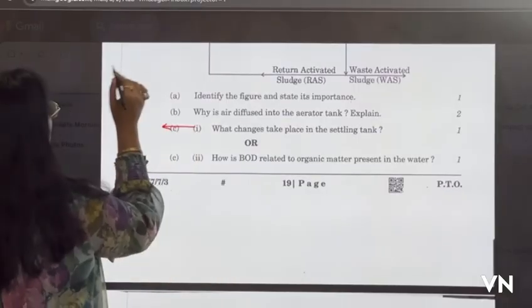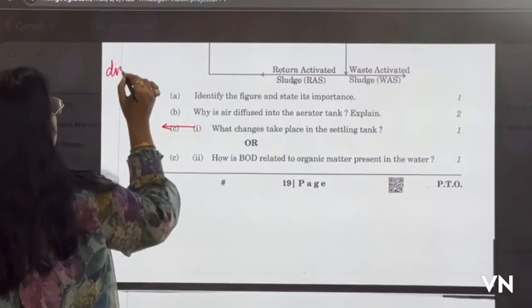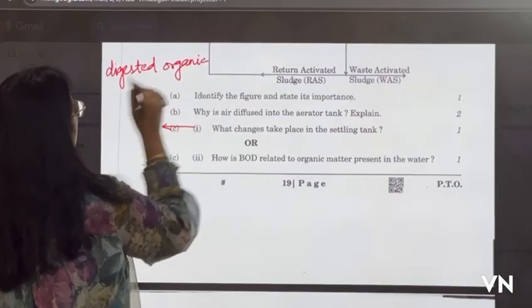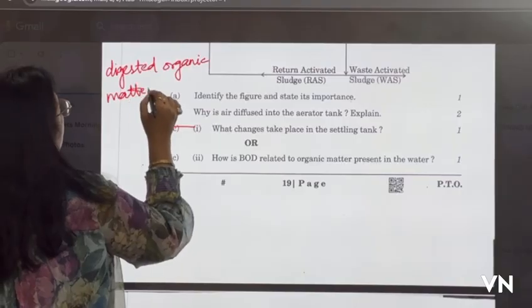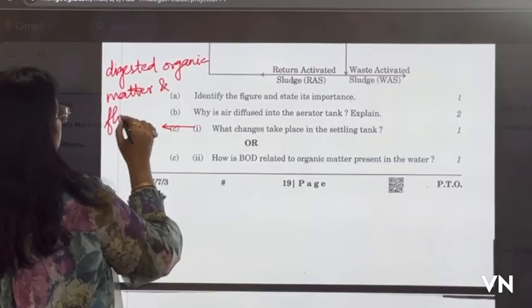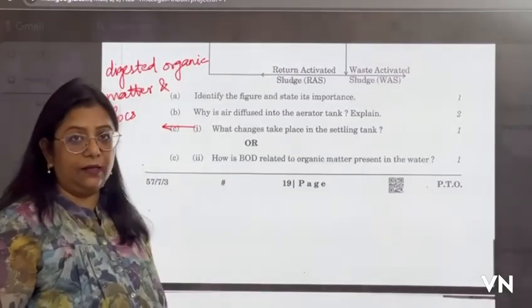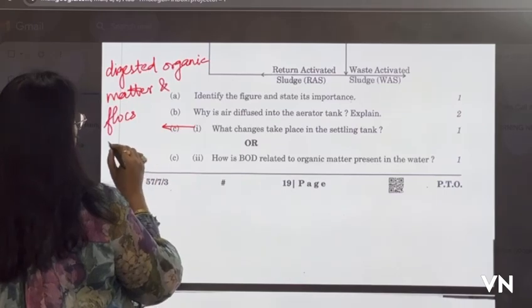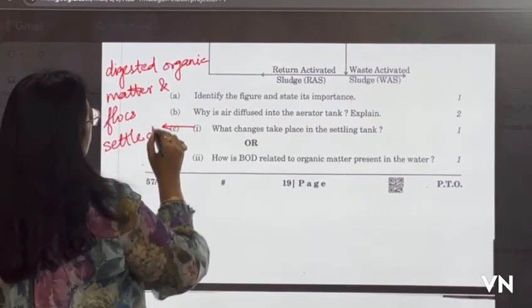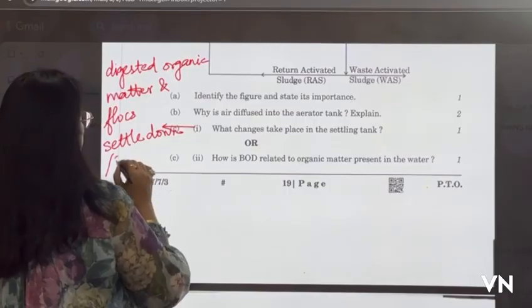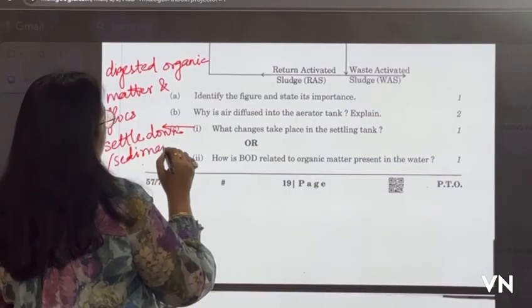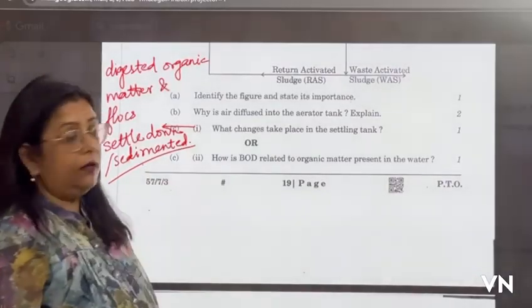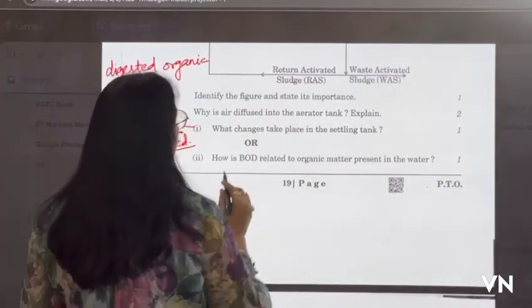In the settling tank, the digested organic matter and flocs, that is a combination of bacteria and fungal hyphae, settle down or are sedimented, and a small portion of this sediment is returned to the aerator tank.